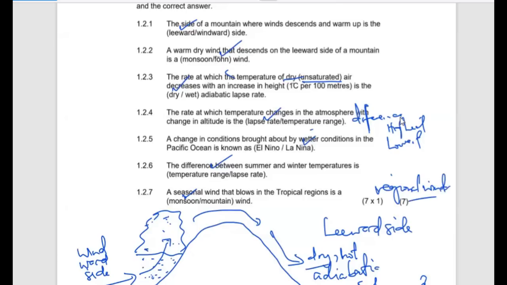A typical example is India. They experience the typical monsoon conditions. It is a regional wind in that particular area which changes direction with changes in seasons. It's a seasonal wind.